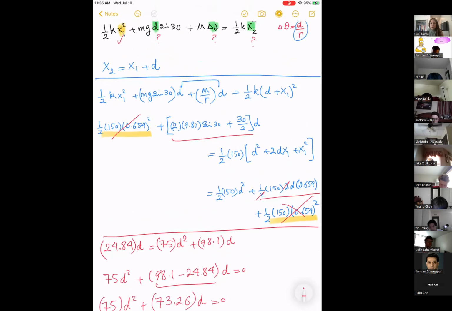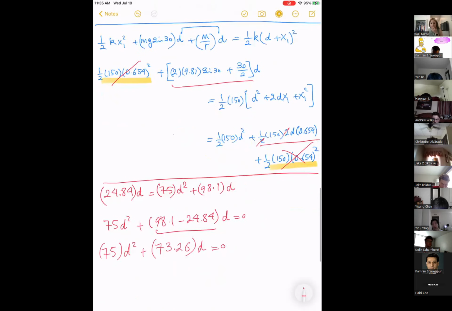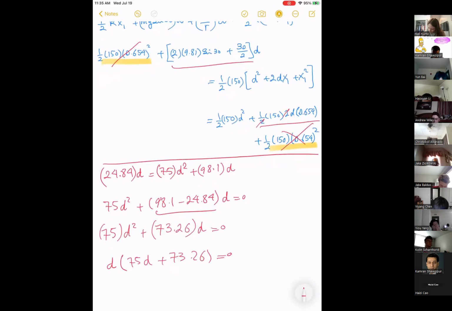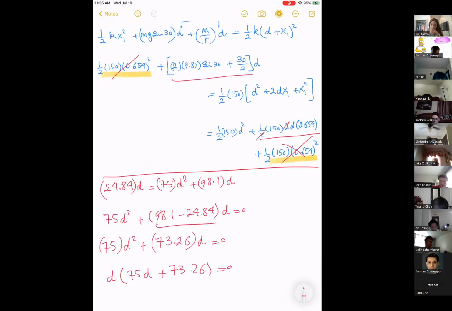Did we get everything right here? So if you factor D, you're going to get D times 75D plus 73.26 should be 0. I think we missed a negative sign somewhere because D should not be negative.